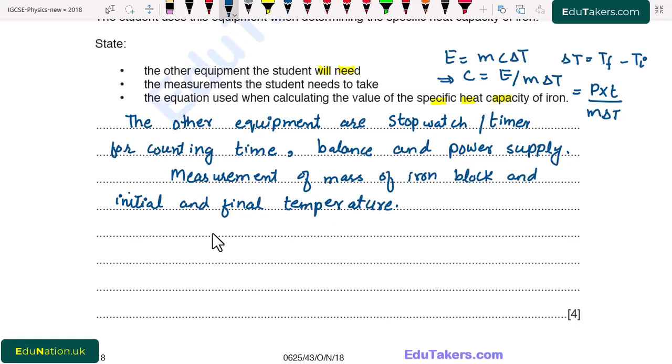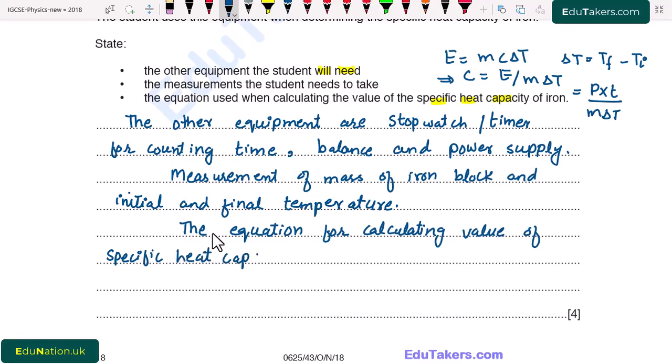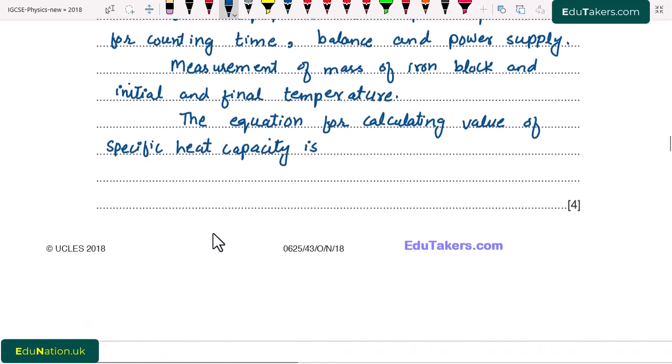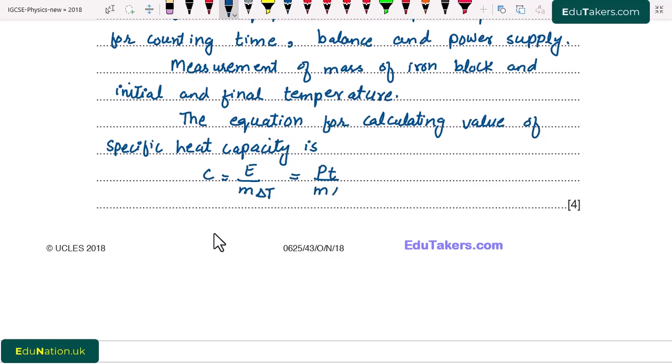So I write here the equation is C is equal to E over M delta T, which is also equal to Pt over M delta T.